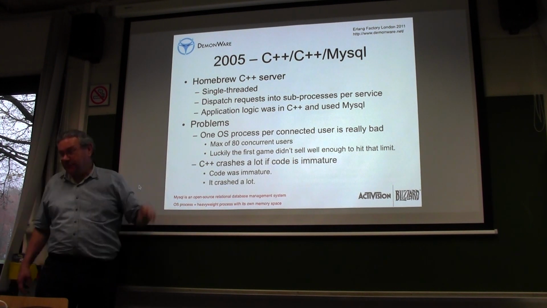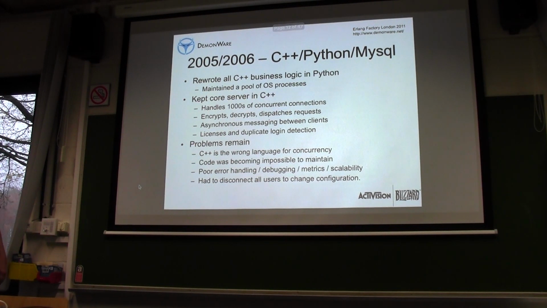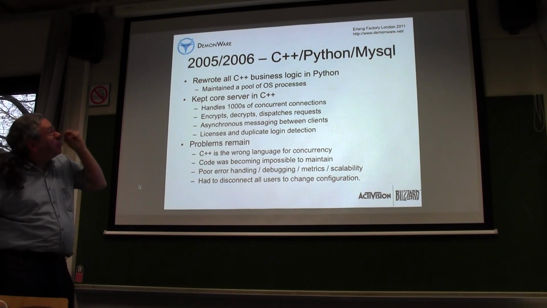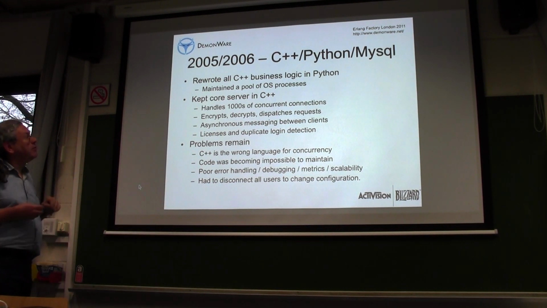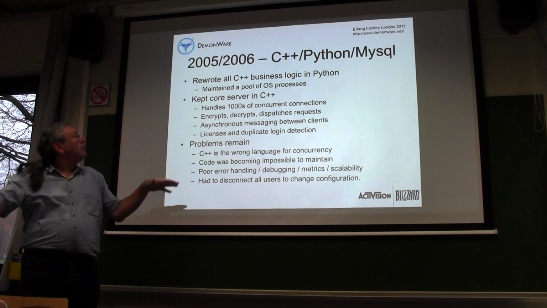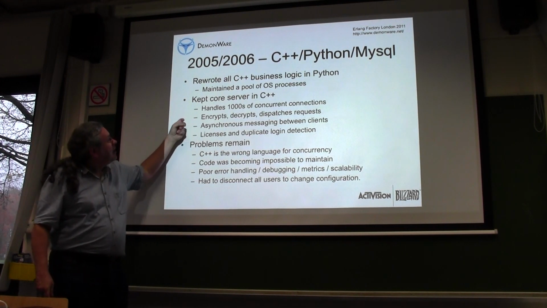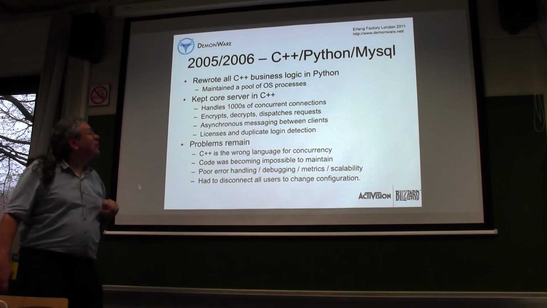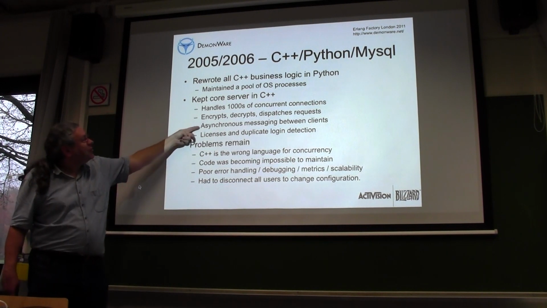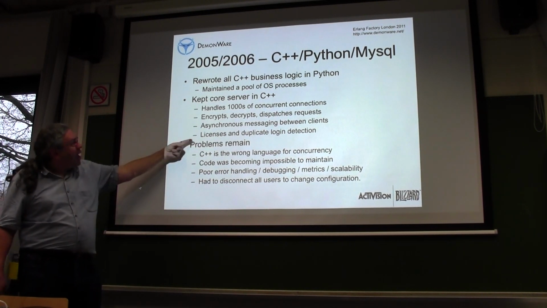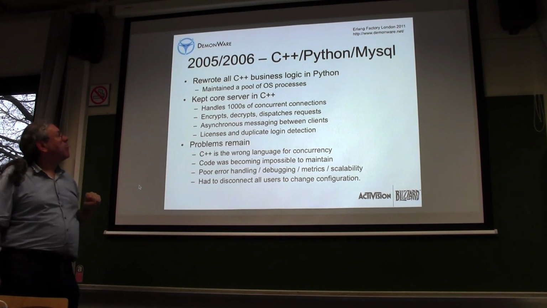Okay, so this was their first thing. But then they did better. They put Python in the middle. They rewrote all the C++ logic in Python. They maintain a pool of OS processes, a core server in C++. Now they're able to handle thousands of concurrent connections. They encrypt, decrypt, dispatch. They have messages, asynchronous messages. They even have some cheat detection, licenses, duplicate login, connection.